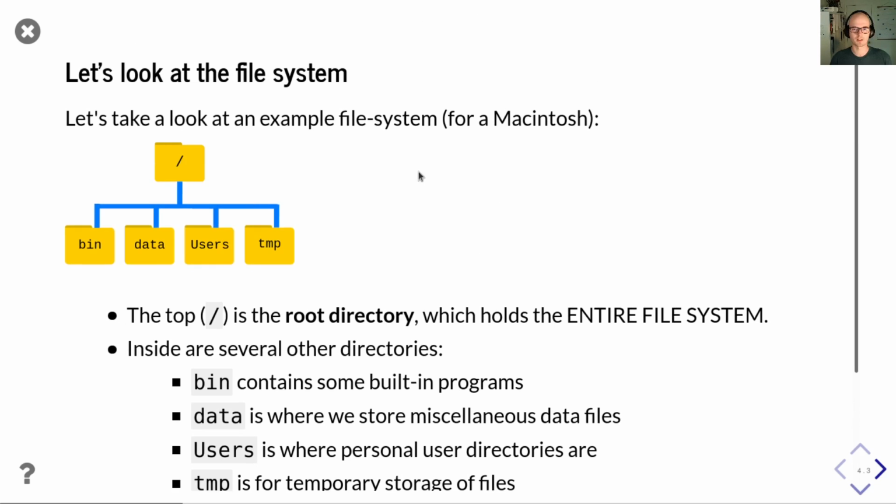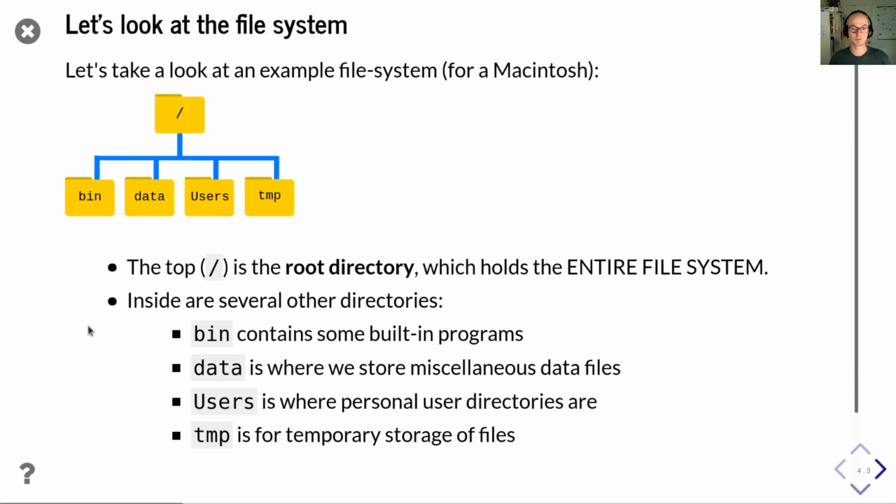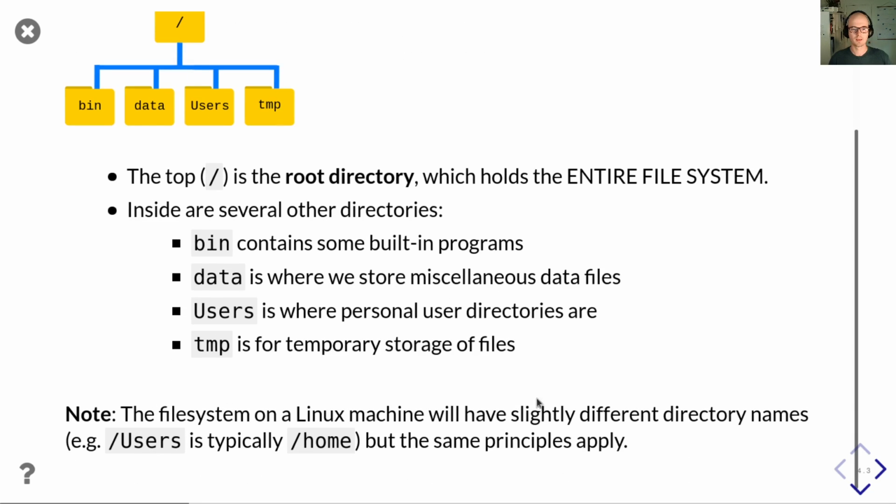So this is based on a Macintosh. For example, the user directory on Linux is usually called /home, but generally the structure is equivalent. So same principles apply whether you're on a Mac or on Linux, and each of these directories contains other subdirectories and files.